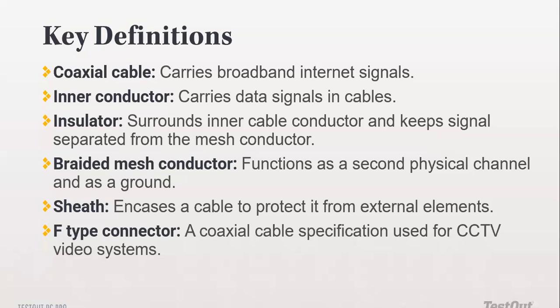Now, an insulator, it said, surrounds the inner cable conductor and keeps signals separated from the mesh conductor. So basically, it is simply insulating. It is protecting the inner cable from every kind of damage or other data signals that might cause noise within the data transmission.